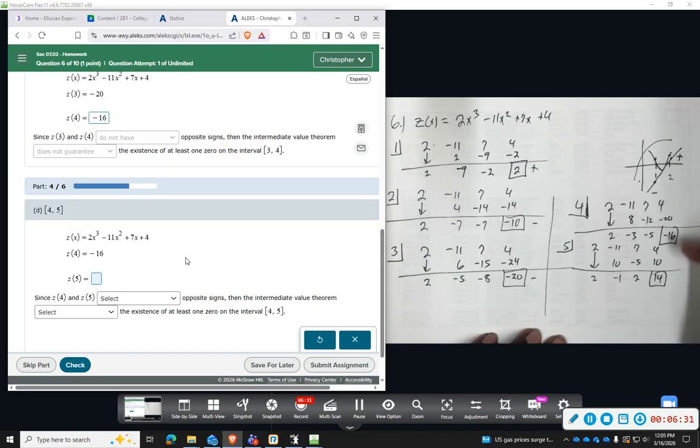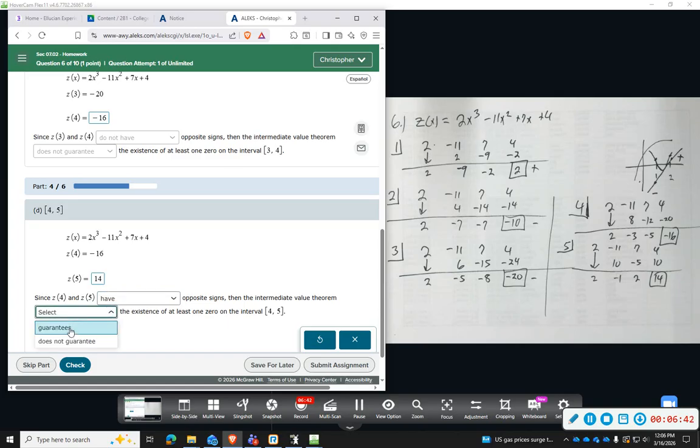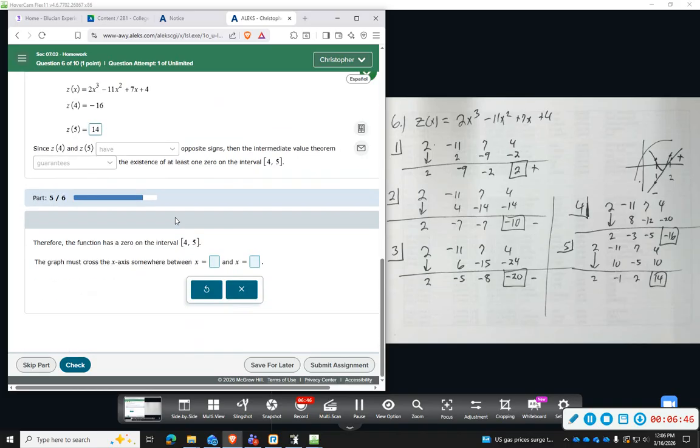So 14 has the opposite sign of negative 16. So they do have opposite signs. That does guarantee that we have a zero in that interval. And it says, therefore, the function has a zero on the interval 4, 5. The graph must cross the x-axis somewhere between x equals 4 and x equals 5.